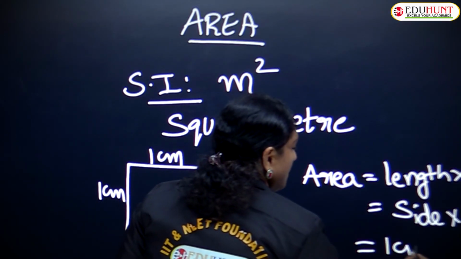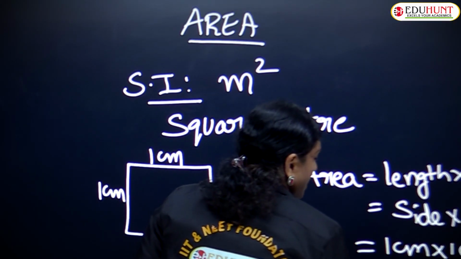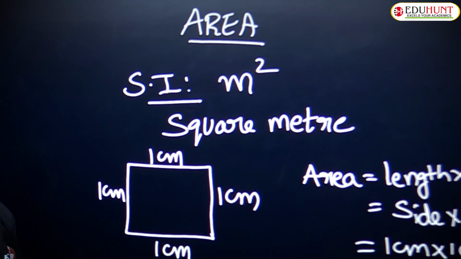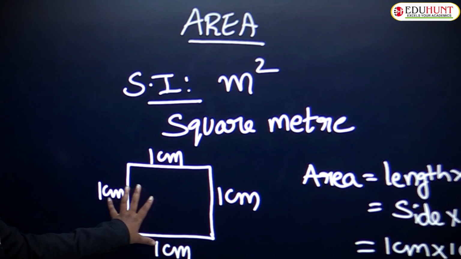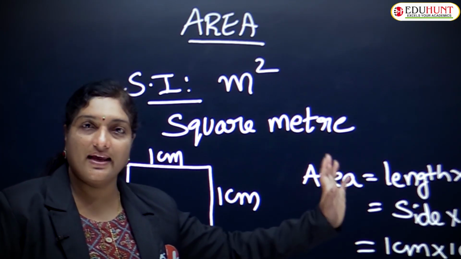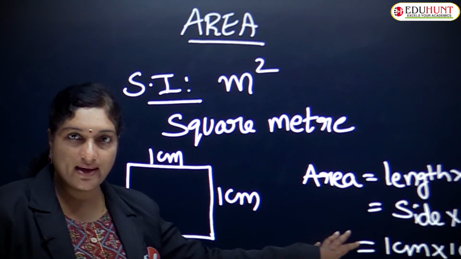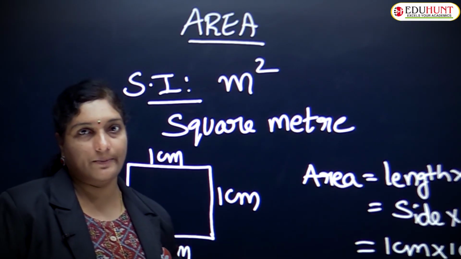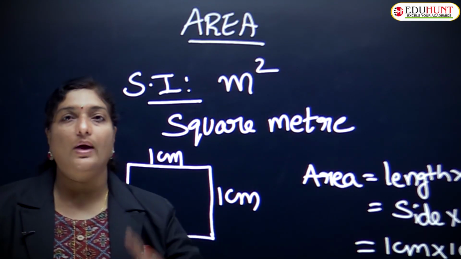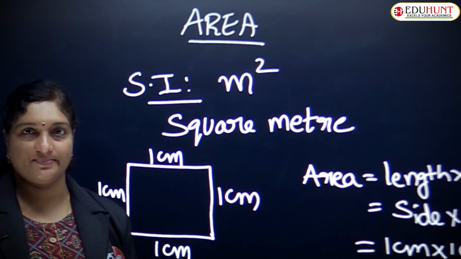How much is that? Of course, 1 centimeter square. So this is how we define area. Area equals length into breadth for a rectangular object, whereas for a square shape, it is side into side. If each side is given as 1 centimeter, then 1 centimeter into 1 centimeter is 1 centimeter square.